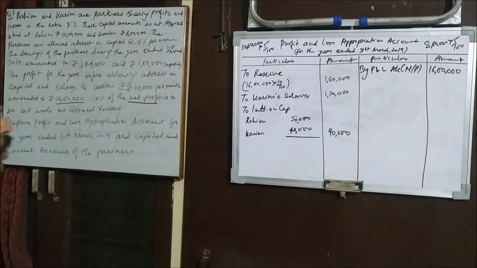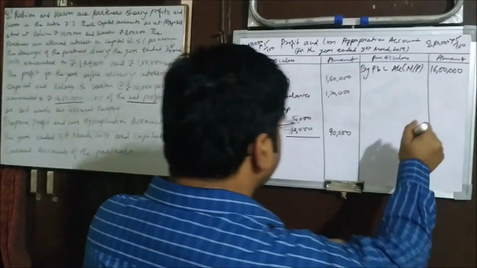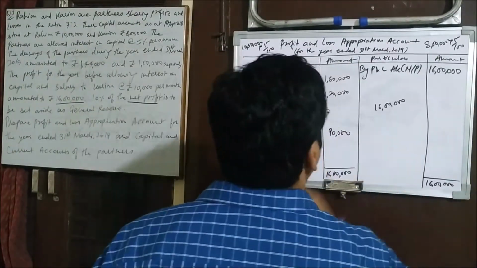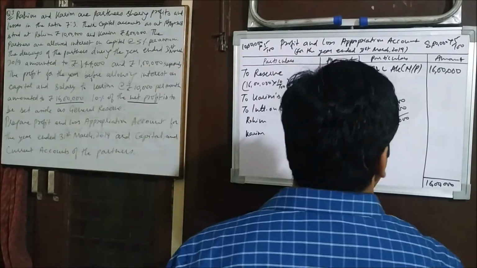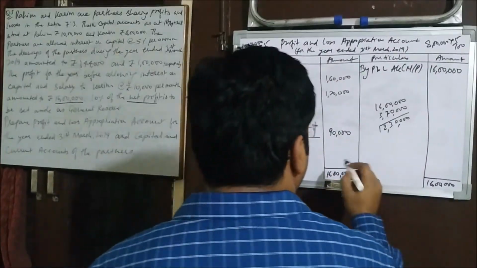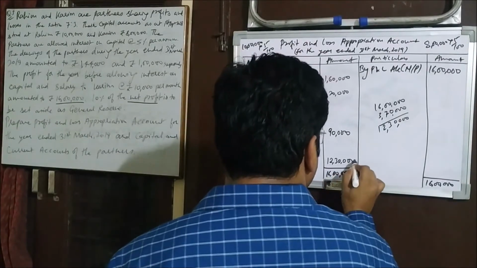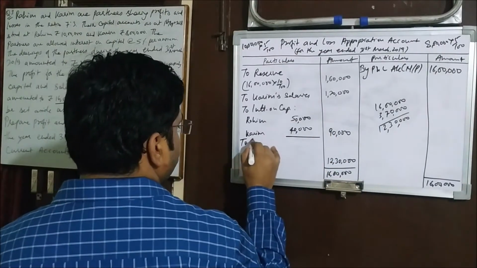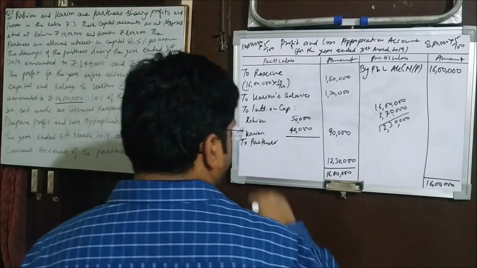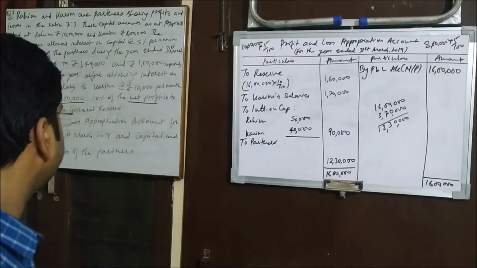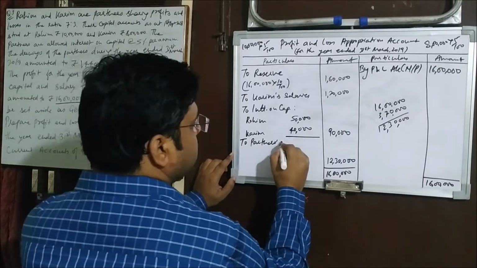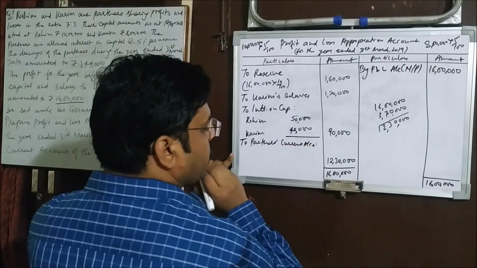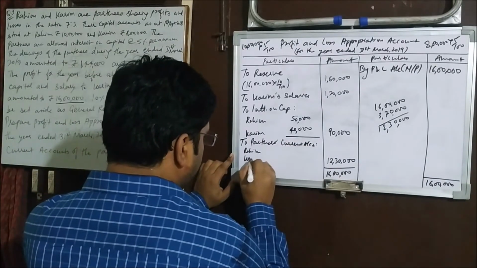Right now we need to make the total of this, that is 16 lakh. Out of this 1,60,000, 1,20,000, and 90,000, how much comes out? 12,30,000, right? So that 12,30,000 will be mentioned here, that is to partners. Now we are maintaining what? Capital and current account. So what entry will be passing here? Partners' current account, not capital. Rahim and Kareem.